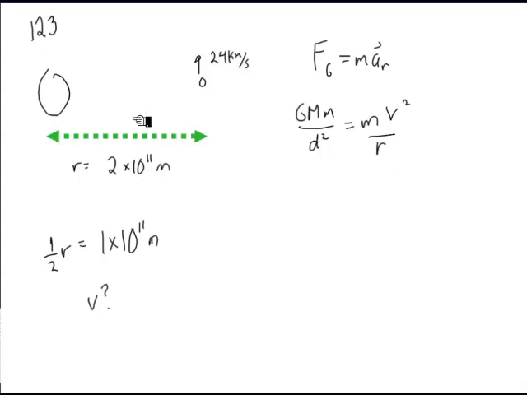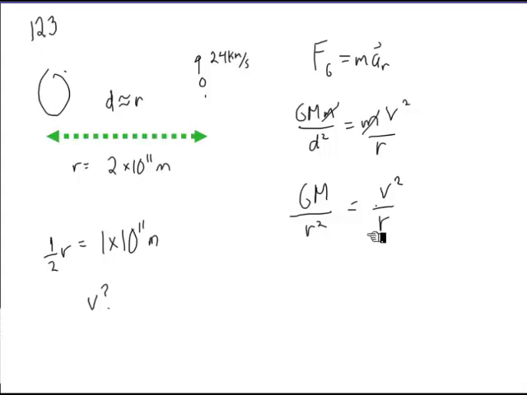Now here we are allowed to make the assumption that d is approximately r, because one of these objects is far more massive than the other. And again, it's an approximation, it's not perfect. So G, m, these masses will cancel out because there's one in every term.